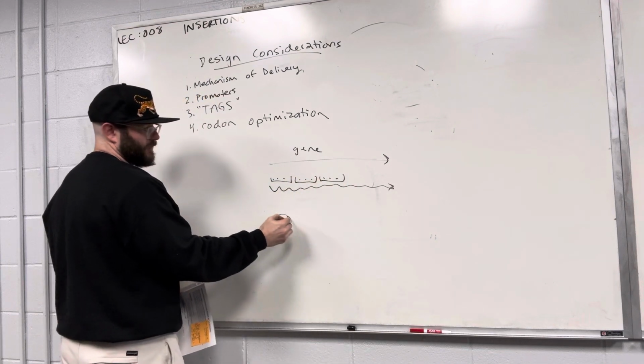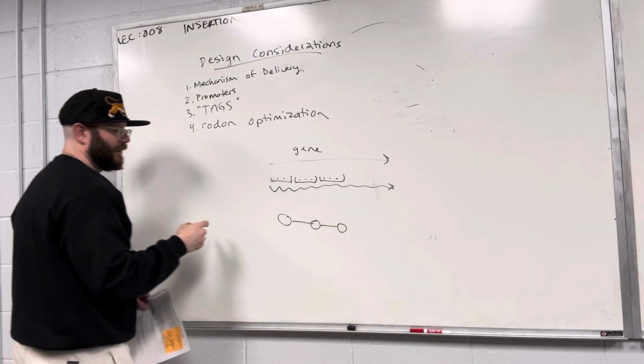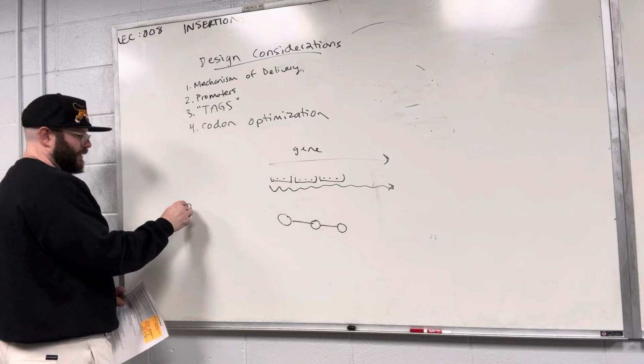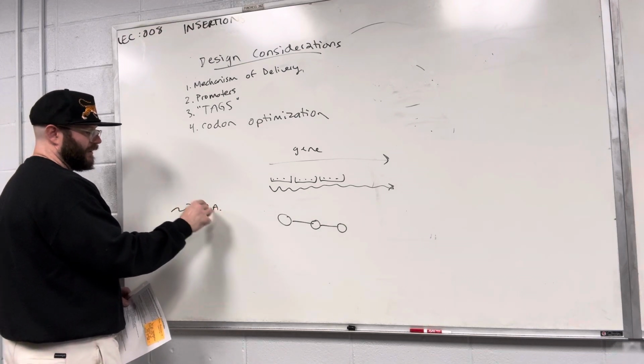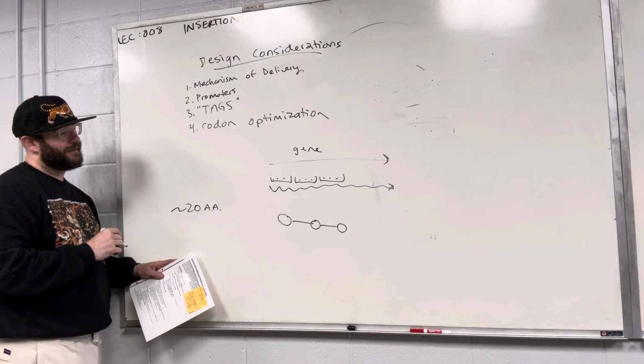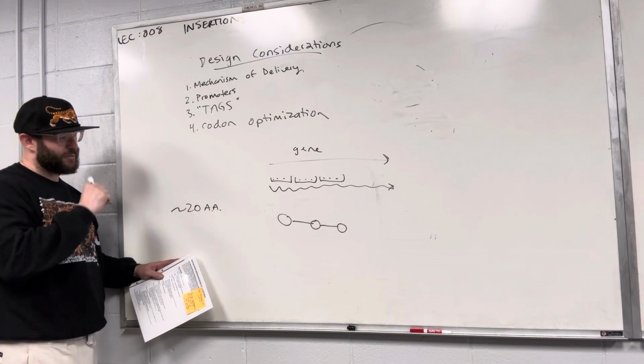And each of these codons represents an amino acid. How many amino acids are there? 20 amino acids. How many codons are there?